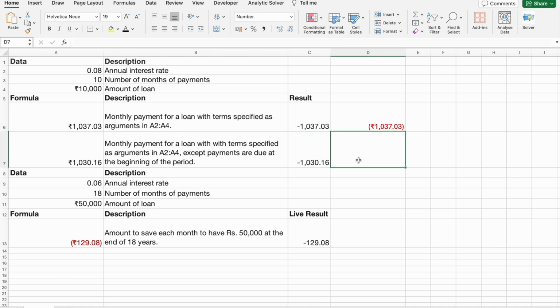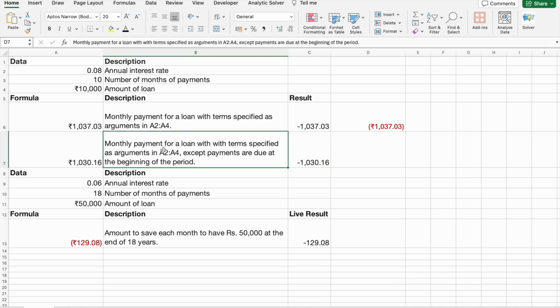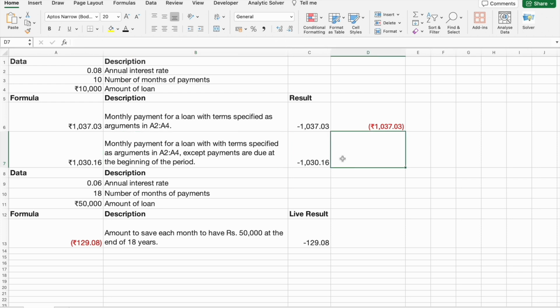Okay. So here we are going to calculate the monthly payment for a loan with the same things, but one thing is different here: we have to get the payments which are due at the beginning of the period. So for that we have to change only one thing. So let me show you. So I'm going to select the interest rate divided by 12.